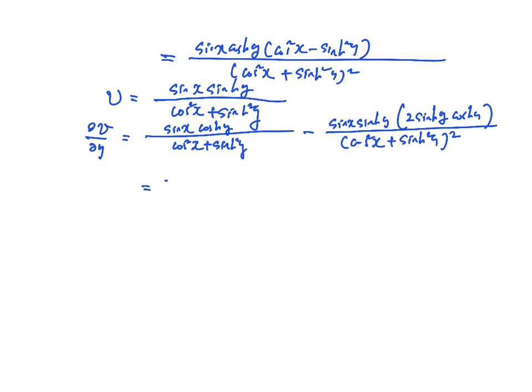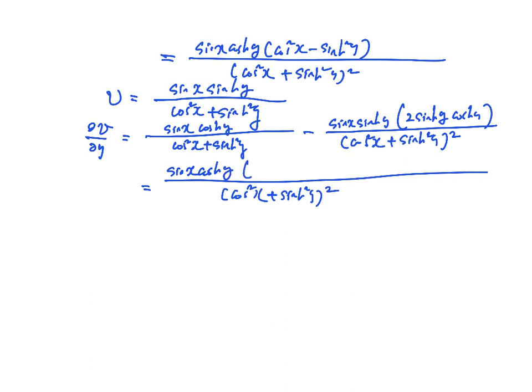So same as before: cosine square x plus sine hyperbolic square y squared, sine x cosine hyperbolic y cosine square x, minus twice over sine x sine hyperbolic square y and cosine hyperbolic square y.